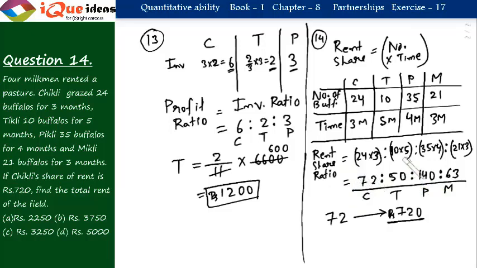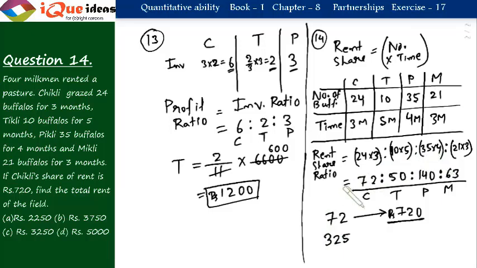Now the total rent will stand from the ratio if you add 72 plus 50 plus 140 plus 63. 50 plus 140 is 190. 72 plus 63 would be 135. So it is 325. Where does this 325 come from?